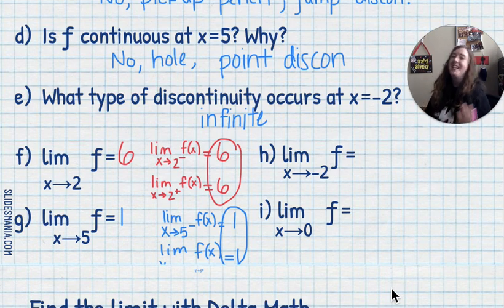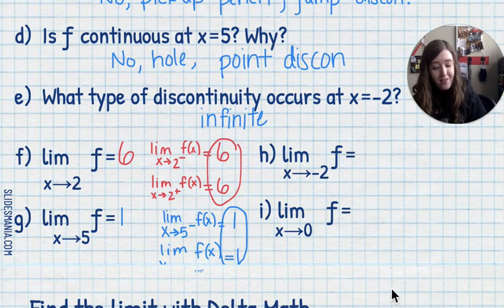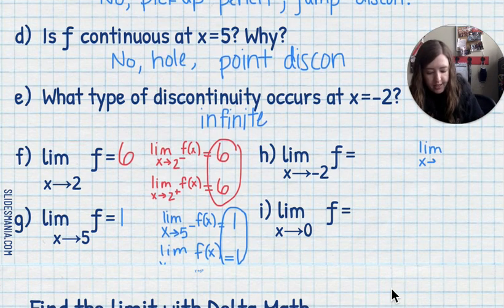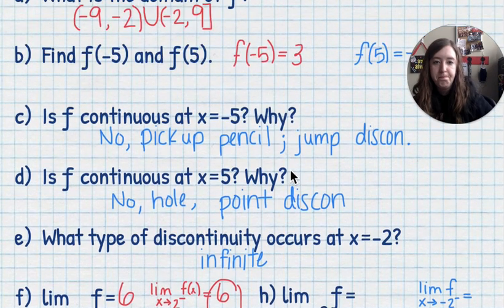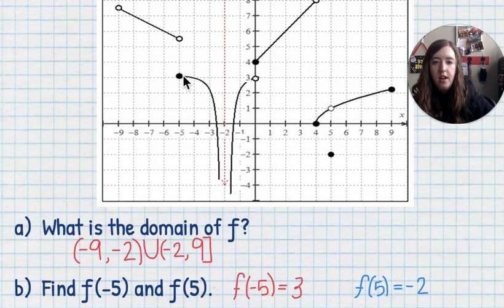Okay, now let's talk about x approaches -2. Now, this one you could have 2 different answers for and still be right. I'm bringing it up just so we can talk about it. So if we look at the limit as x approaches -2 from the left, coming in from the left, we're just going farther and farther and farther negative, right?